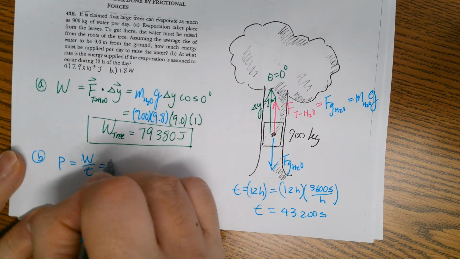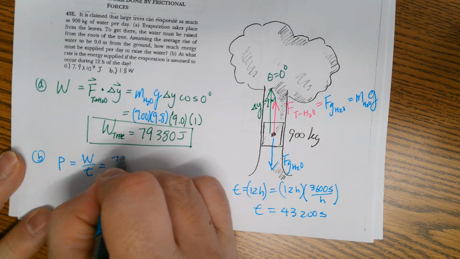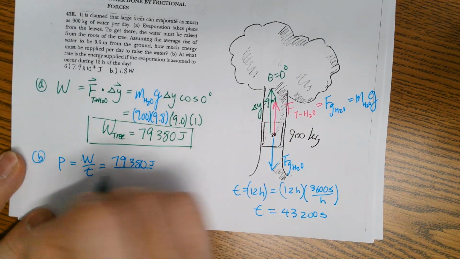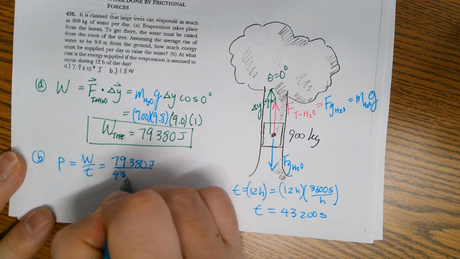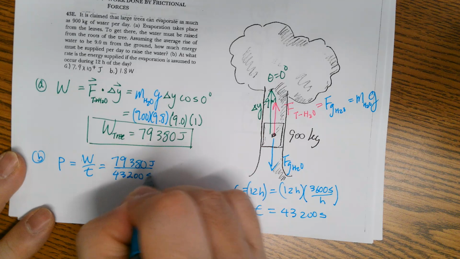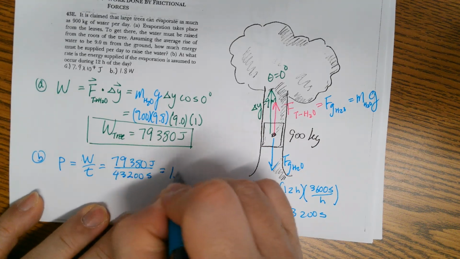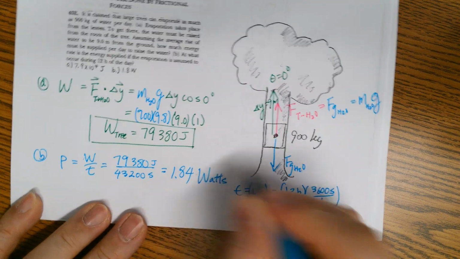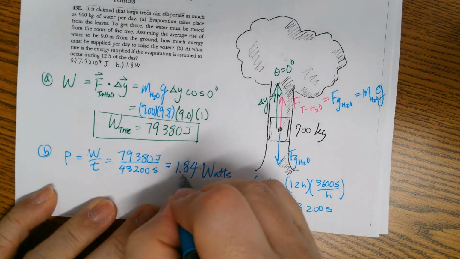So we already know what work is, right? 79,380 joules over 43,200 seconds. And that comes out to 1.84, what? Right? So 1.84 watts.